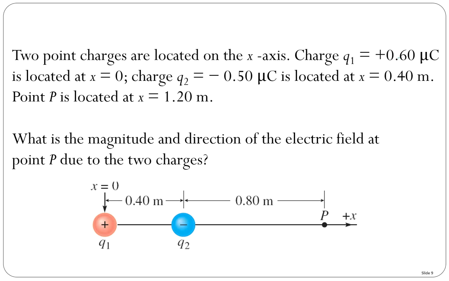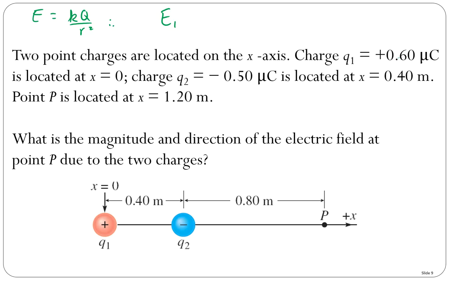So my equation is the electric field magnitude is kQ over r squared. It's going to have direction, and I'm going to indicate direction by plus sign or minus sign. Notice plus will be to the right, minus will be to the left. So E1, technically it's a vector, but I'm not writing the vector sign because we're one-dimensional. E1, the electric field due to charge 1.